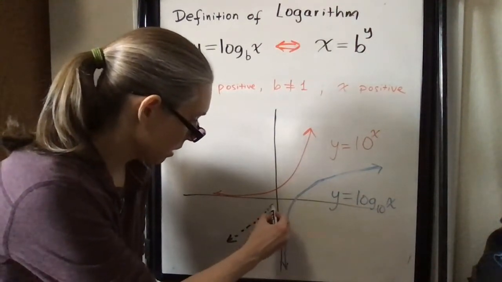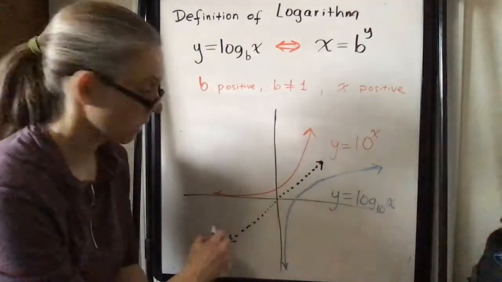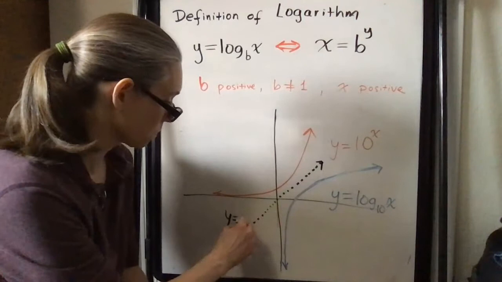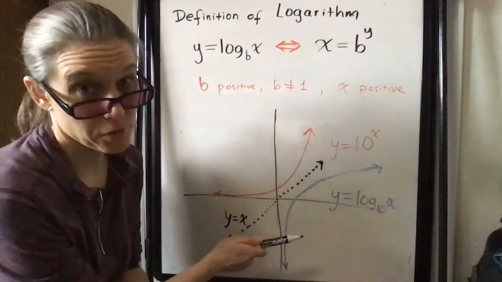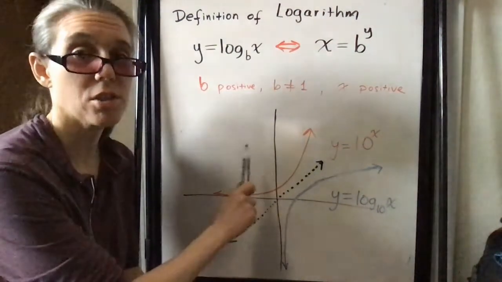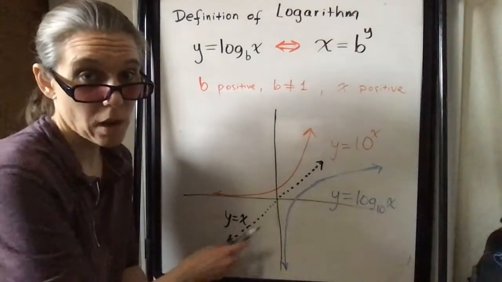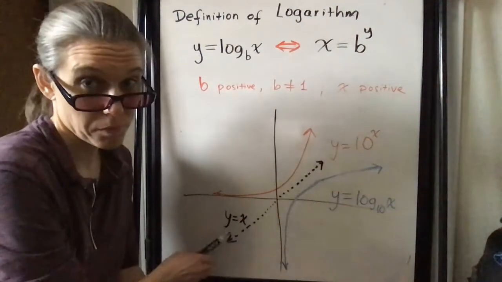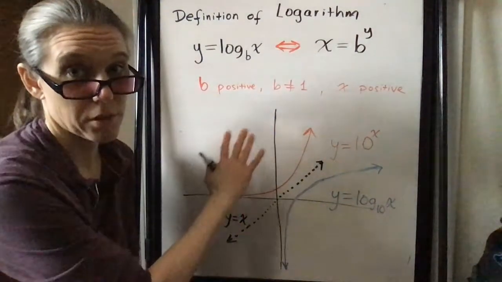This dotted line right here is the line y equals x. A function and its inverse function are always reflections of each other across y equals x. So pretend that y equals x is a mirror. This function is going to be the mirror image of that function.